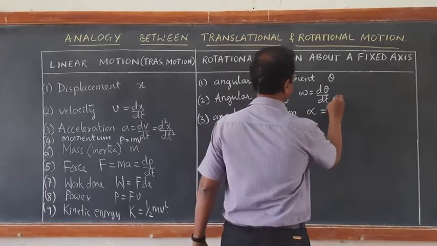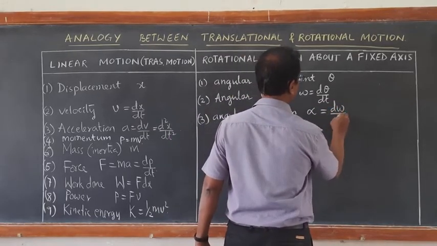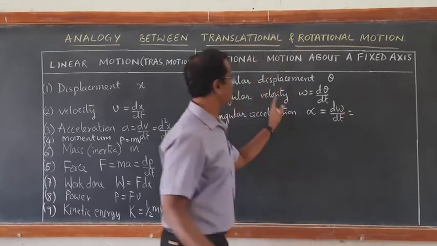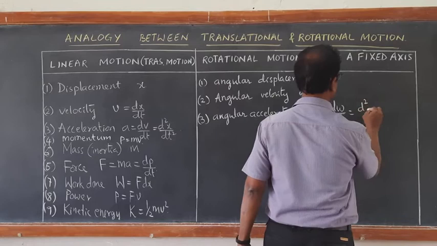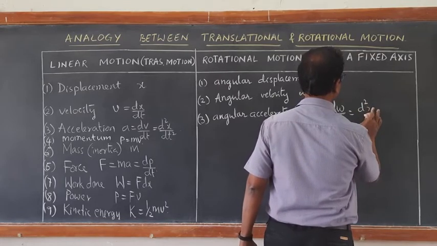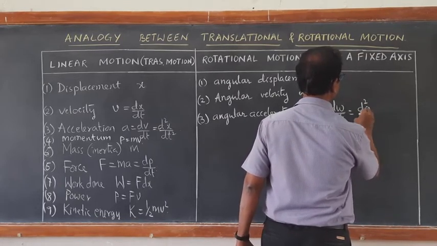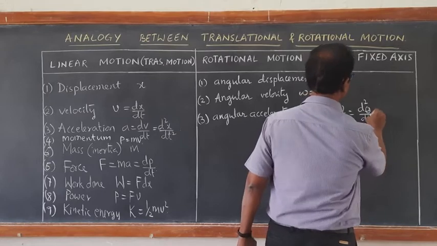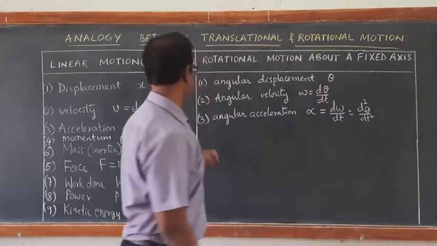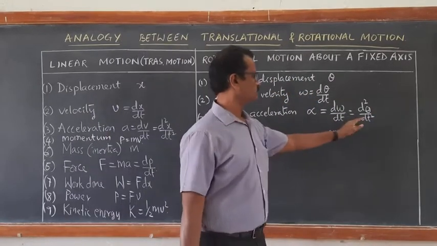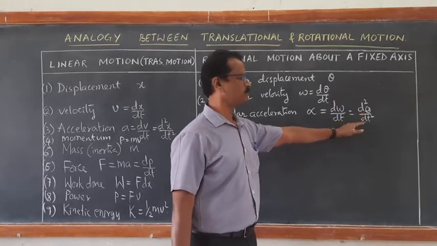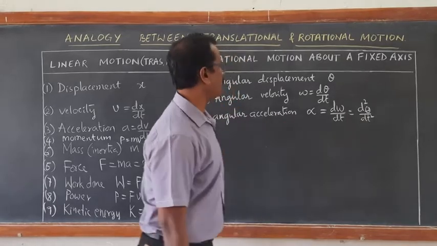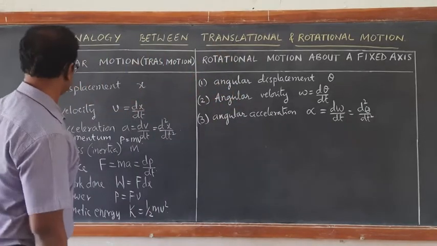Alpha is equal to the rate of change of angular velocity, which is also written as d square theta by dt square. The second order differentiation of angular displacement with respect to time gives us angular acceleration alpha.